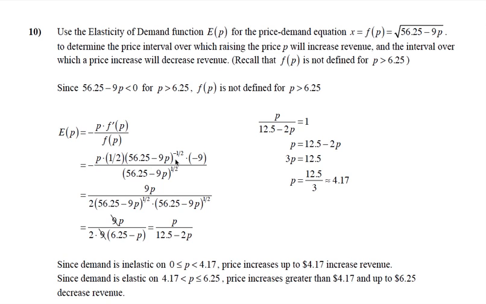Because this expression has a negative exponent, we can bring the expression down to the denominator and make the exponent positive. And of course the 2 is in the denominator here, and the negative 9 times the negative in front of the fraction makes this a positive 9. Then in the denominator we have 56.25 minus 9p raised to the half multiplied by 56.25 minus 9p raised to the half.